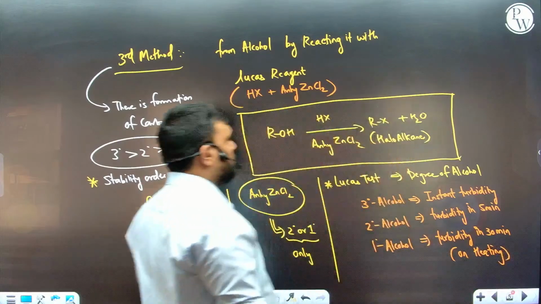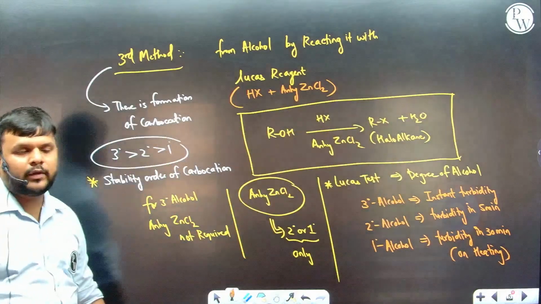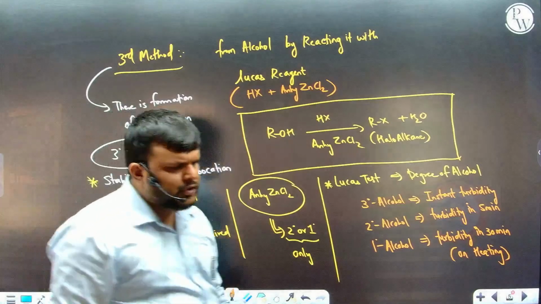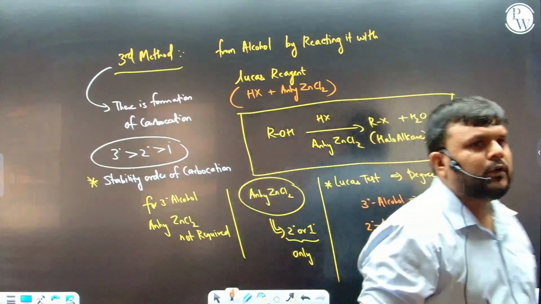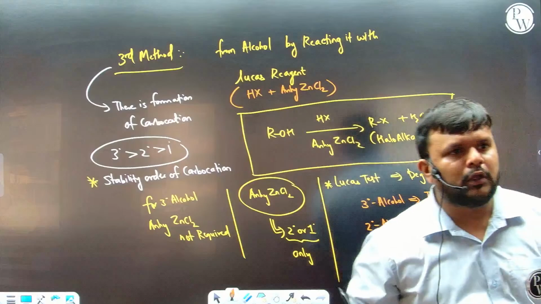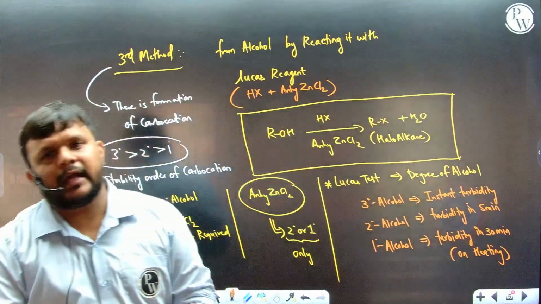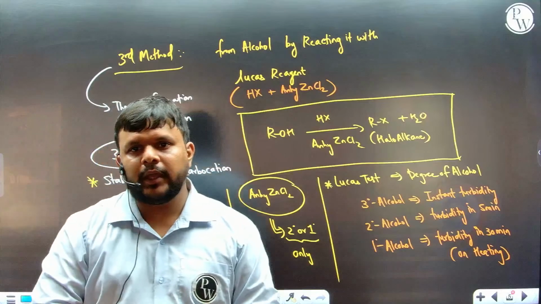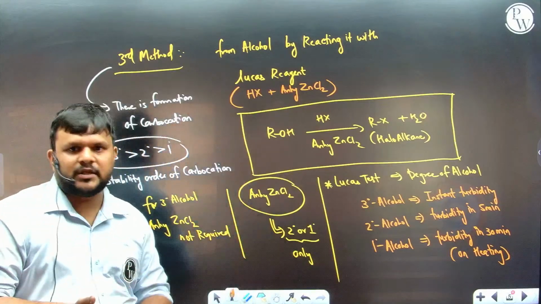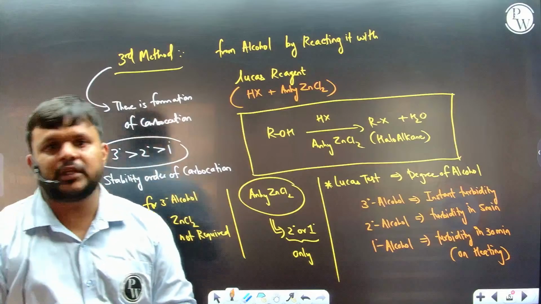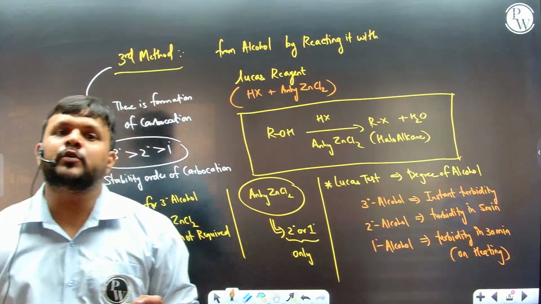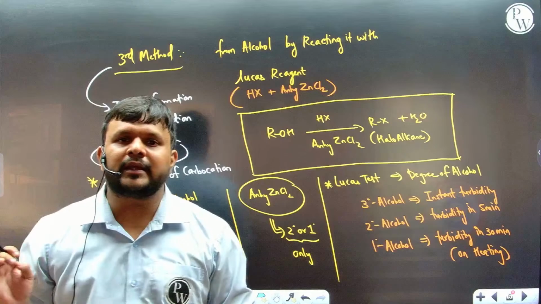Okay. So this is all about the third method, where we had the preparation of haloalkane from alcohol. So all the three methods were preparation of haloalkane from alcohol. First method was Darzens method, where we reacted with SOCl2. If only SOCl2 is there, it will follow SNi mechanism.